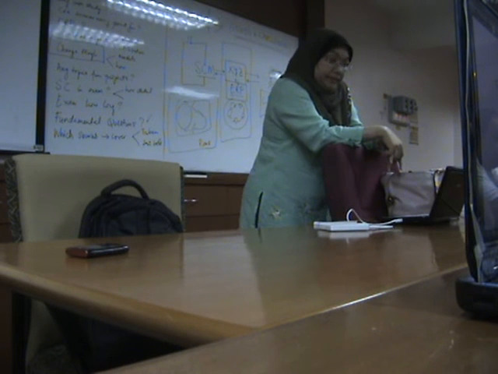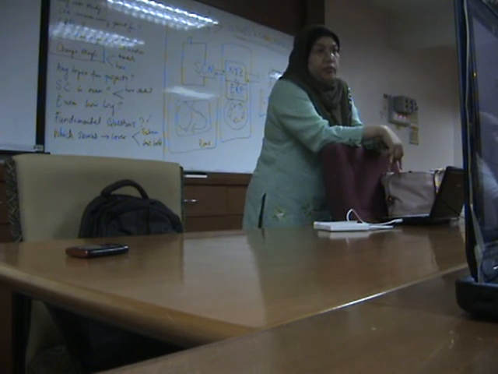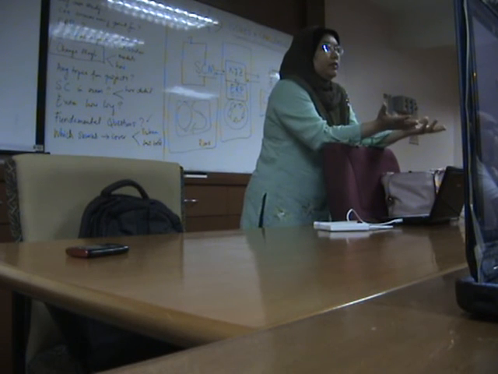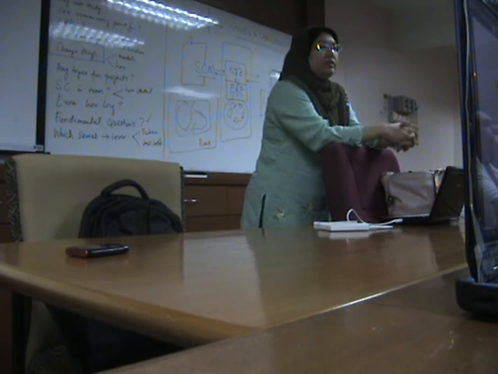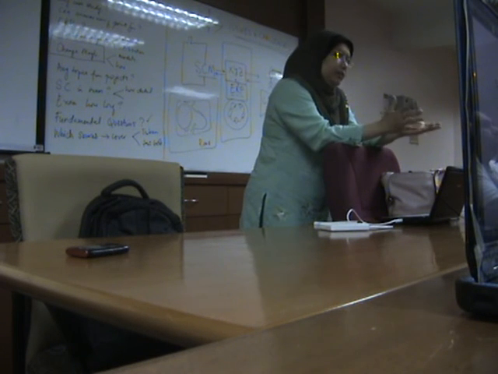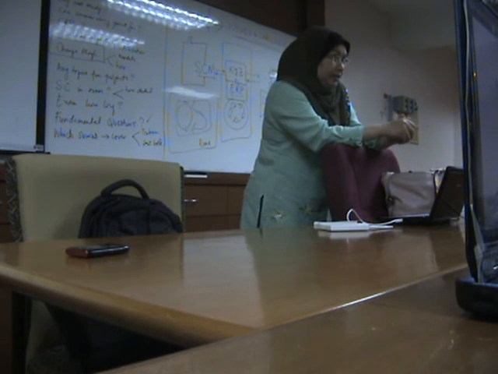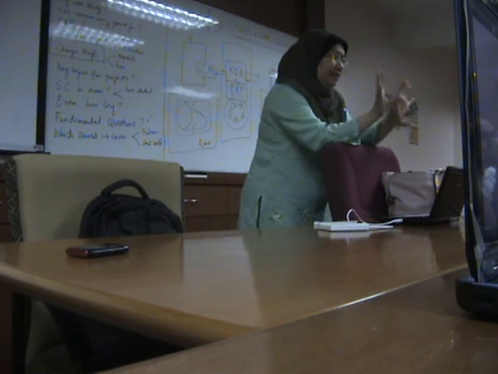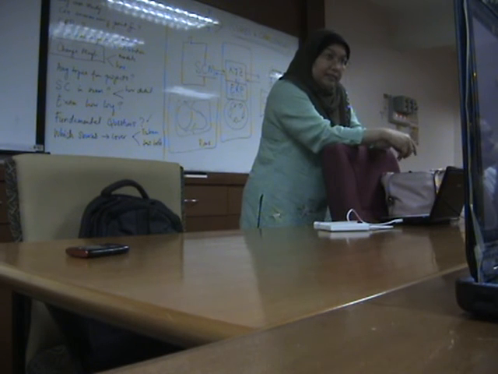Now, how many marks? 15. 15 marks means around 15 to 20 minutes. One hour is how many minutes? 60. Two hours? 120. Let's say 20 minutes is for reading. You're left with 100 minutes. 100 marks, right? 15 marks means 15 minutes.